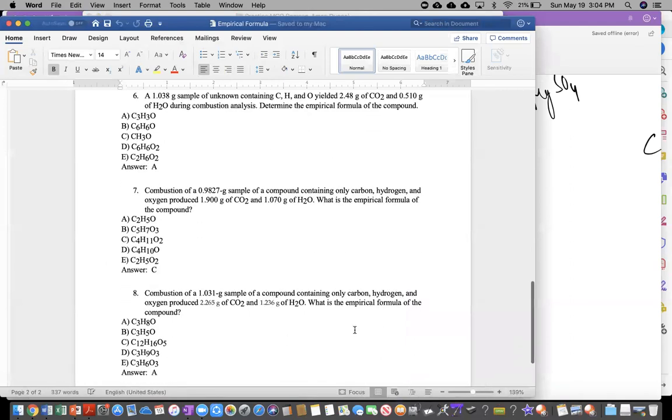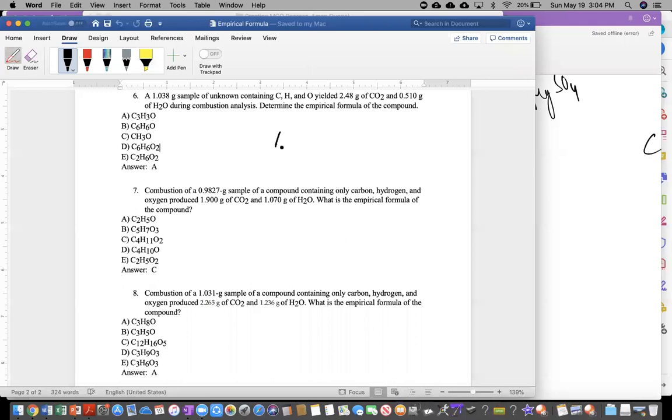When I say combustion, I can give you any question on stoichiometry. It could be combustion, it could be any reaction, it doesn't matter. If I'm giving you a balanced equation, going from A plus B to C plus D, and there are moles right next to them, it doesn't matter what type of reaction that is.